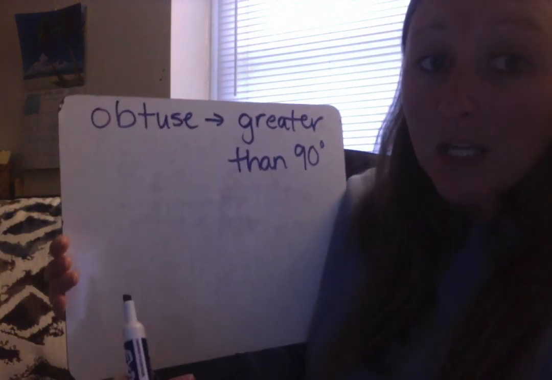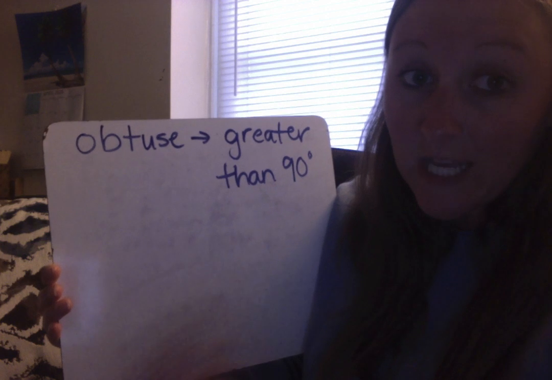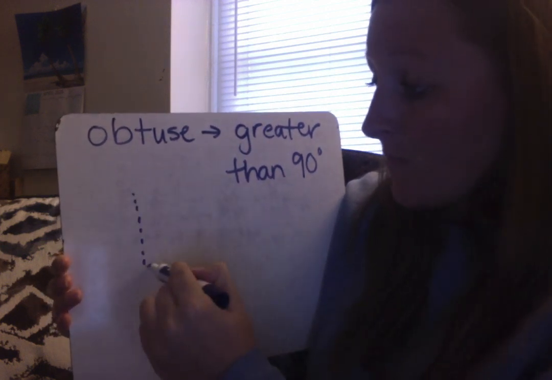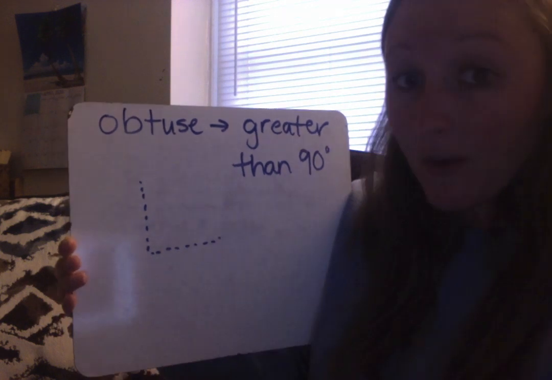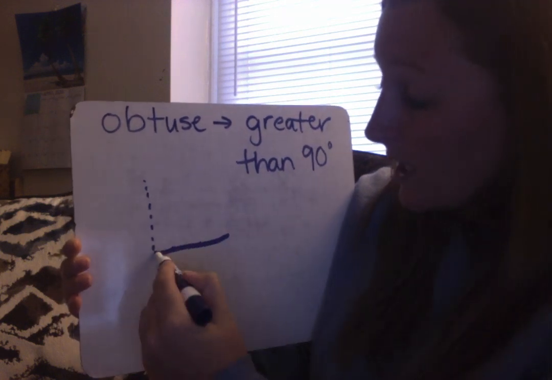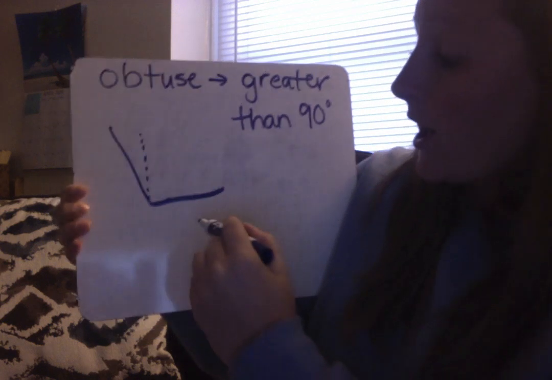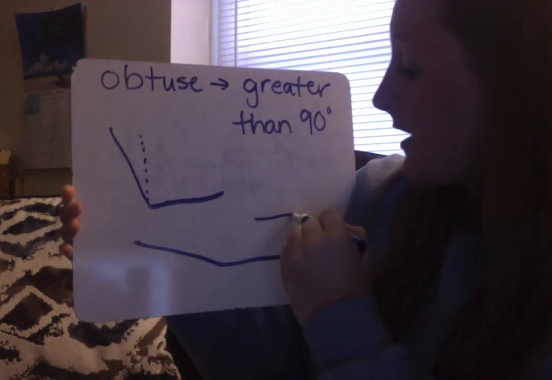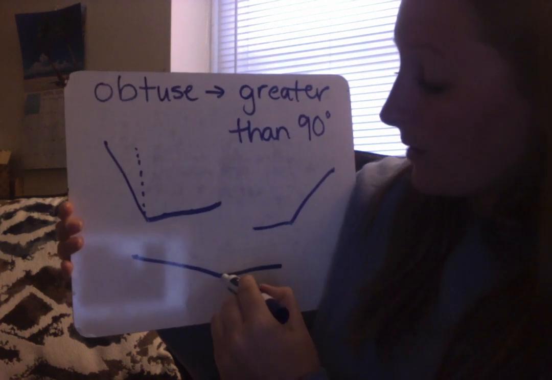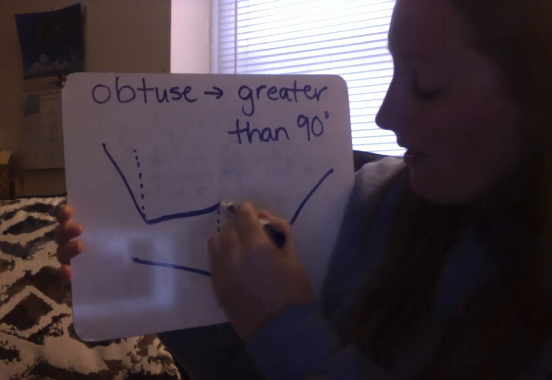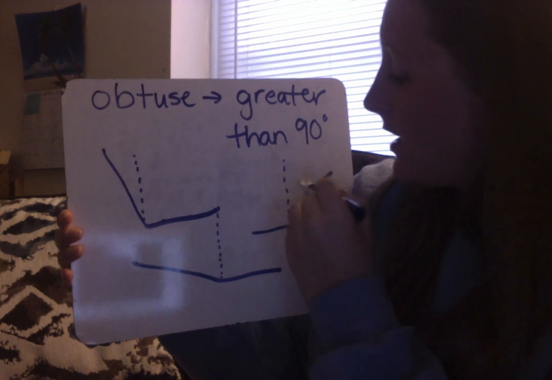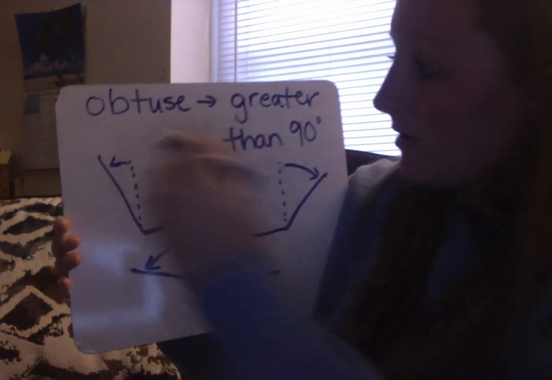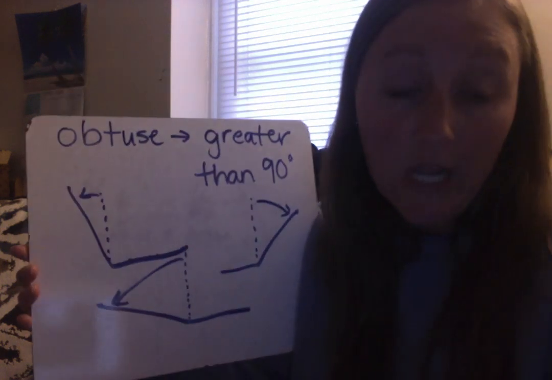It has to be a pretty big angle for it to be obtuse because it has to be bigger than this imaginary L that we have. So if I was making an obtuse angle, it would be like that, or maybe something like this, or something like that, because it has to be bigger than the 90 degrees. So obtuse angles are bigger than 90 degrees.